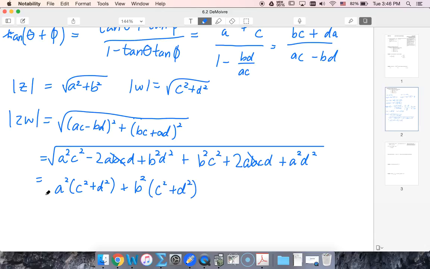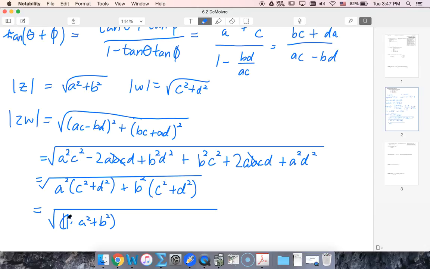But of course that's the same as ending up with the square root of a squared plus b squared times c squared plus d squared, which is then the magnitude of z times w.